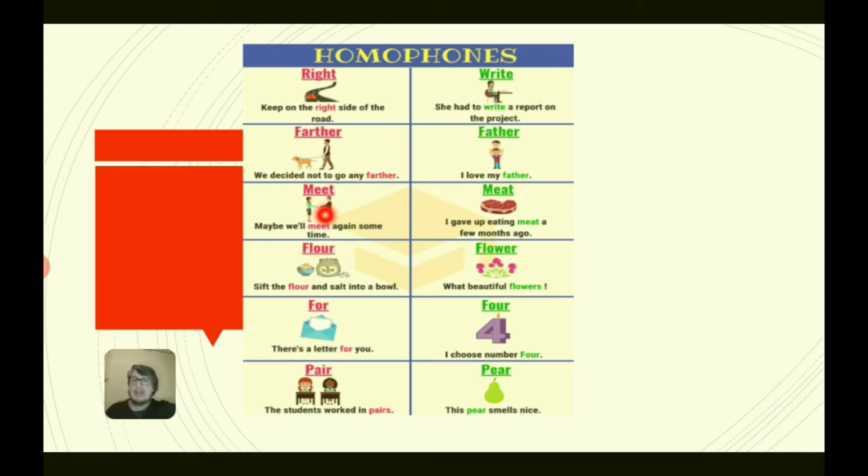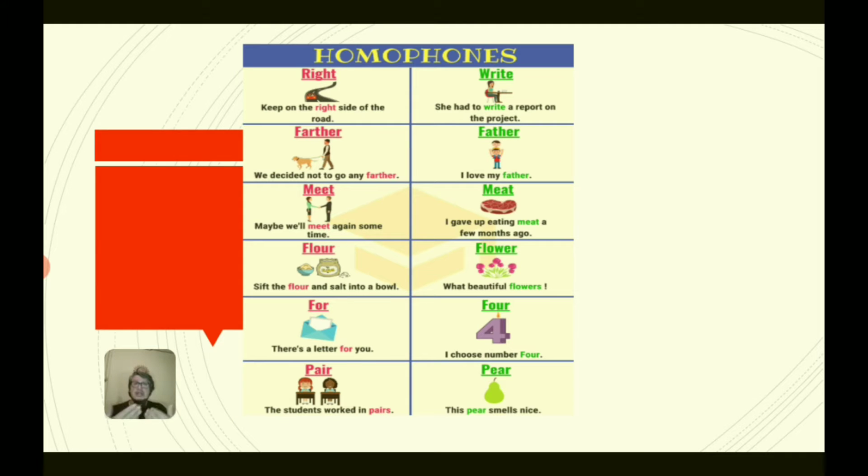Homophones. This is absolutely the same pronunciation, the same sound that we have here, which is meet and meat. I know that many of you know this word because of the platforms that you can use, such as Skype, Meet, Zoom, and many others, right? So meet: maybe we'll meet again sometime.